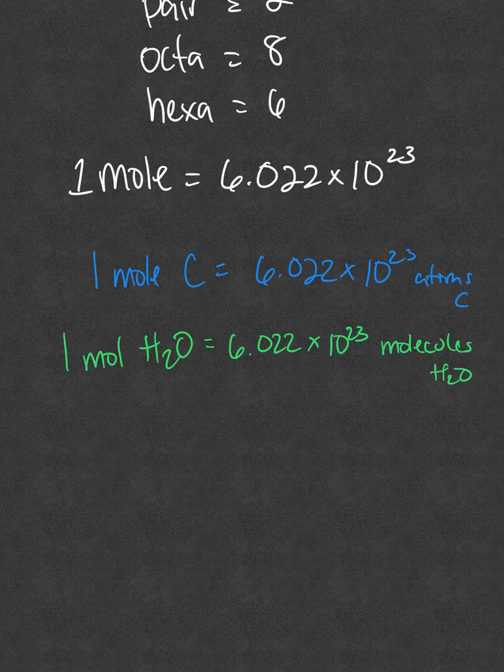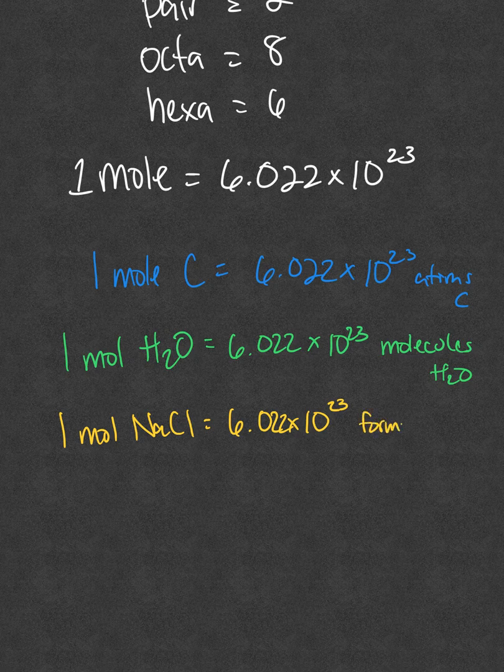If we say we have 1 mole of table salt, then again you have 6.022 times 10 to the 23rd, in this case formula units, of table salt. Bottom line, if you have a mole of something, you have 6.022 times 10 to the 23rd of that same substance.